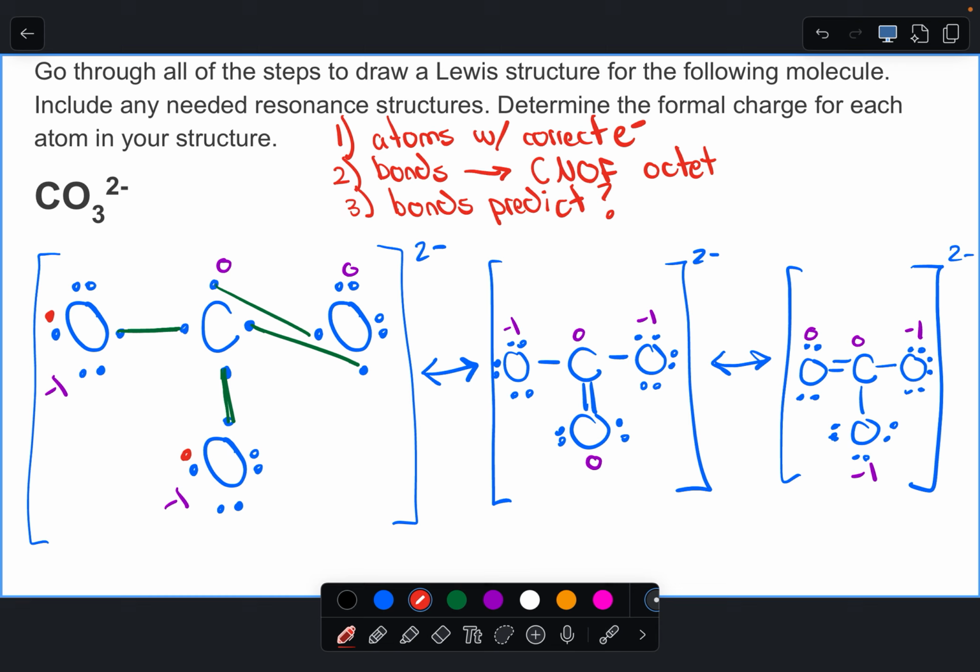And sort of related to that is the formal charge. So we'll use this one we have up here as an example. Let's just start by reviewing how do we do formal charge and how do we know if it's telling us the molecule is good or bad, okay?